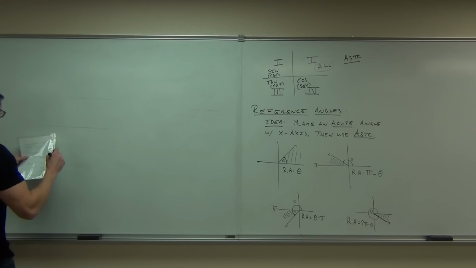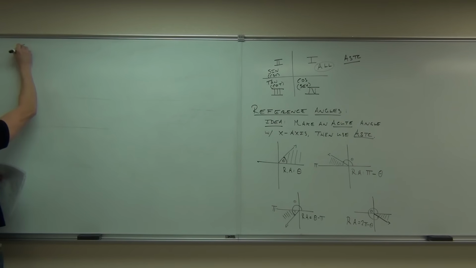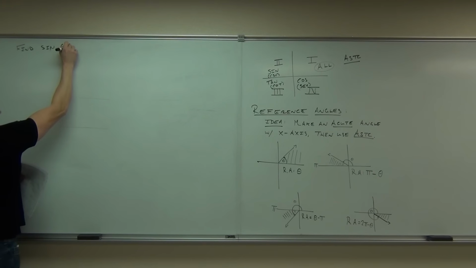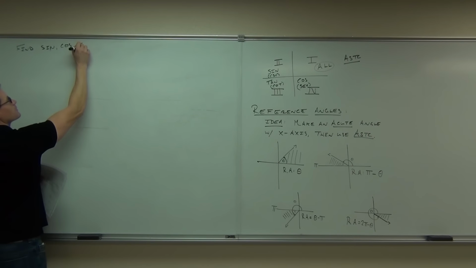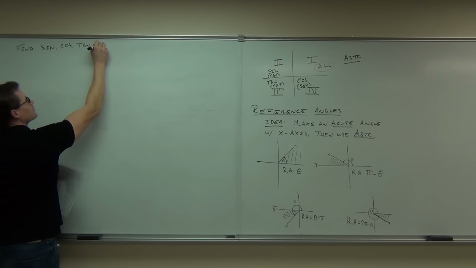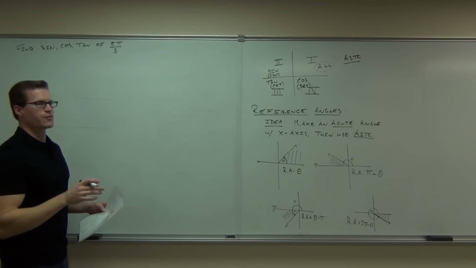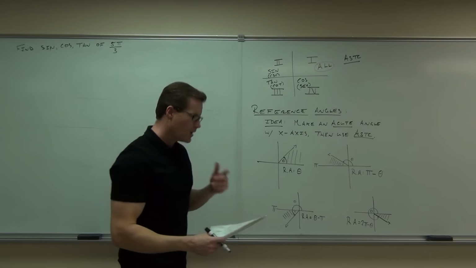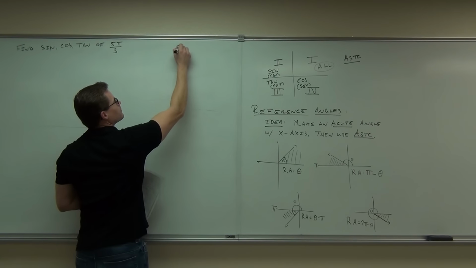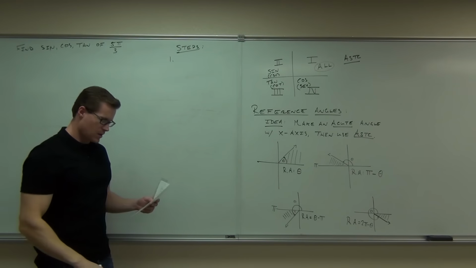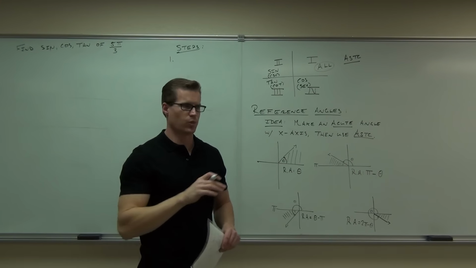But check this out. If we want to find sine, cosine, tangent of 5 pi over 3 using reference angles, here's how we can do it. The first thing you're going to do is locate which quadrant it's in.